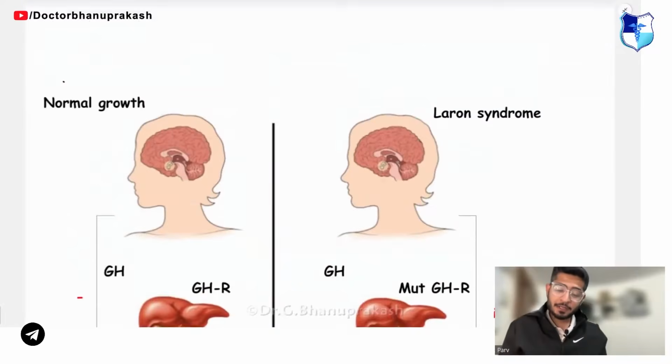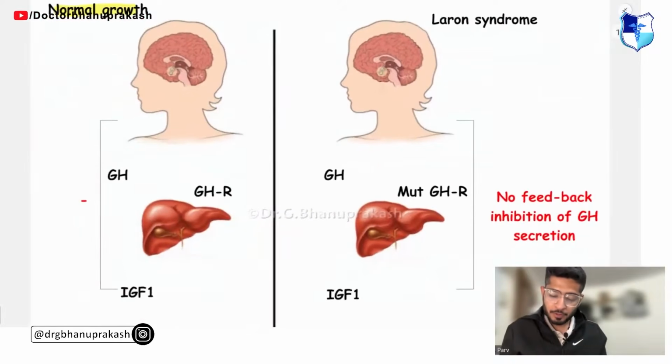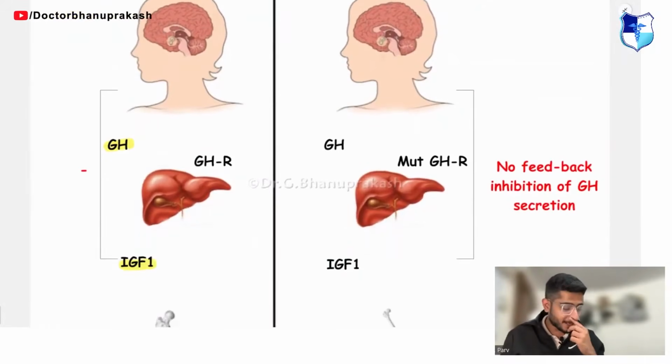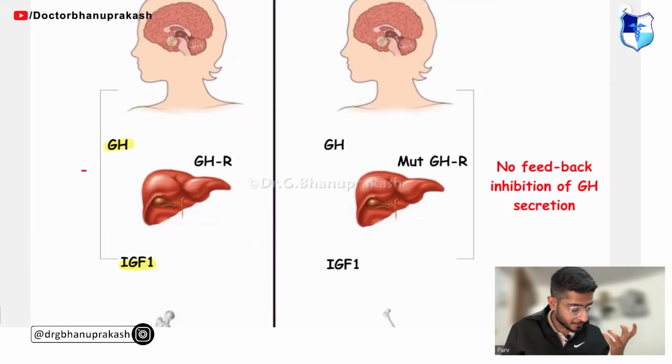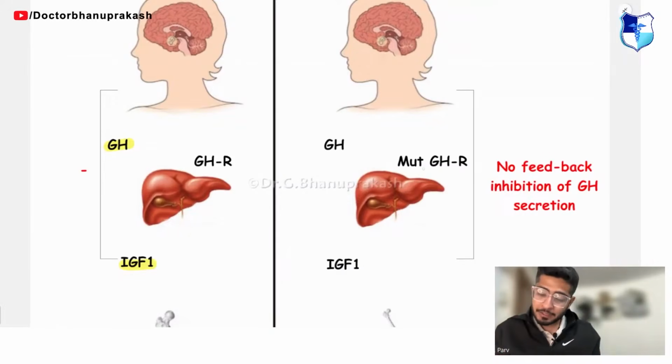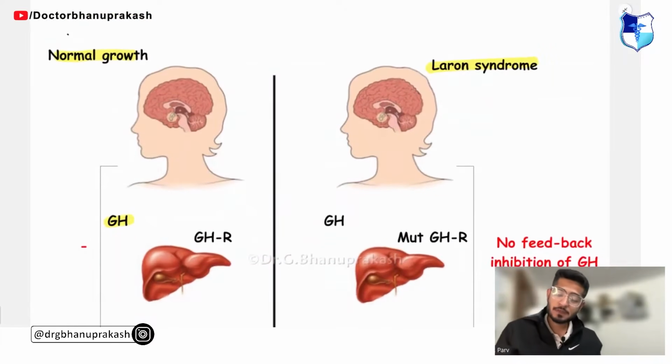Now endocrinology. This is the normal growth: growth hormone acts on the liver, and insulin-like growth factor 1 (IGF-1) gets secreted. Then there is Laron syndrome, which is also a PYQ.